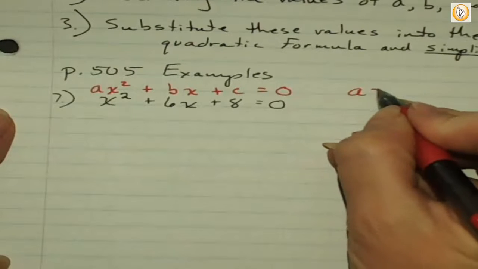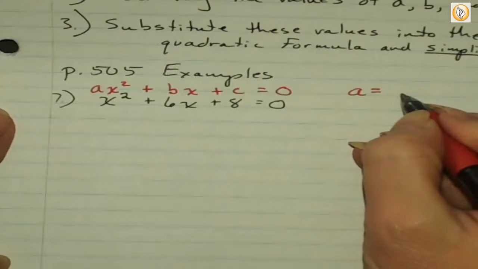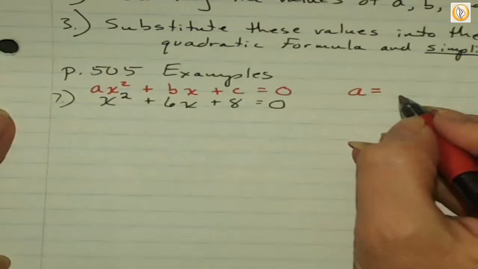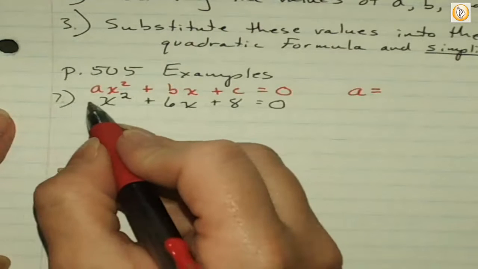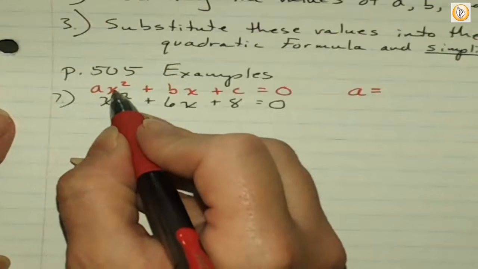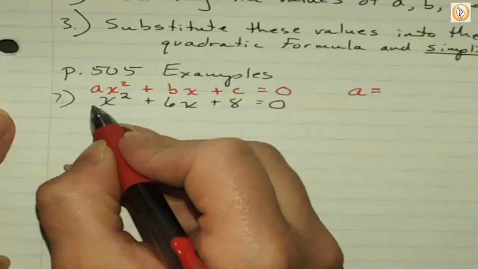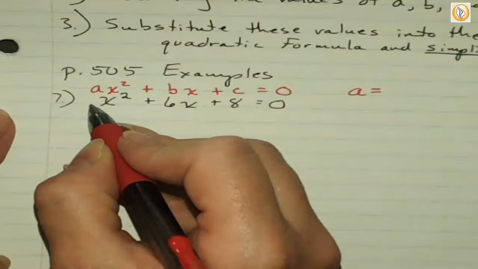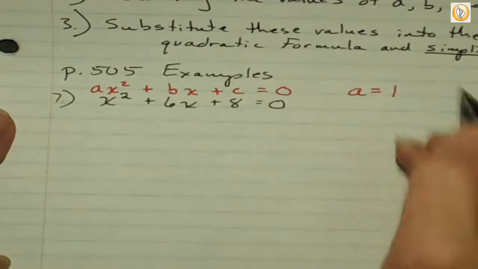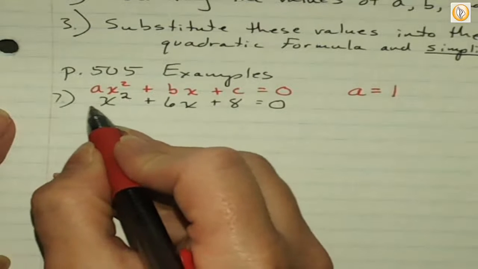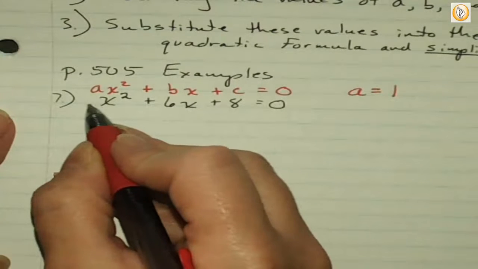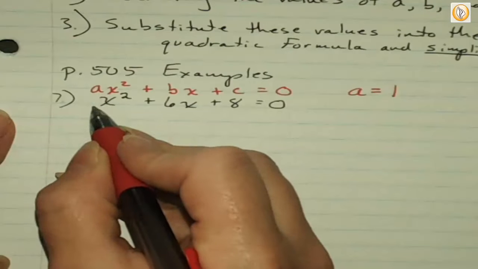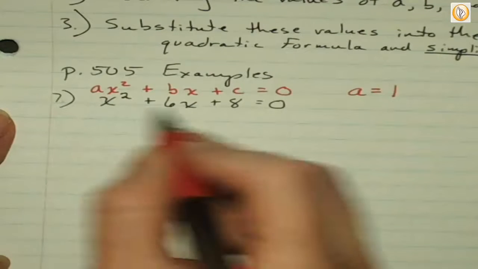Emily, what is the value of A? Okay, there's x squared and x squared, but what would the A be then? Bingo! The A is 1 because there's no number there, correct? There's no number, so then we know it's 1.